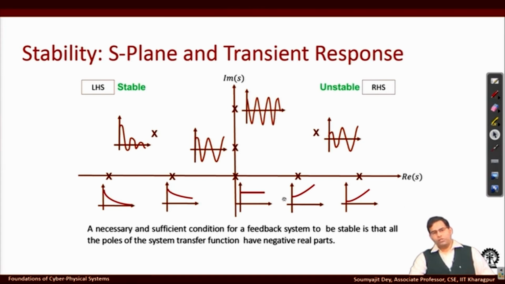It may happen without oscillations like here, or with oscillations like here, depending on whether the pole has an imaginary part or not. But as long as the pole has a positive real part, you do not have damping, so the system is unstable. If you have poles with no real part but only the imaginary part, then you will have a marginally stable scenario like this, because you are just going to have oscillations, and due to zero damping, the oscillations are never going to die down.